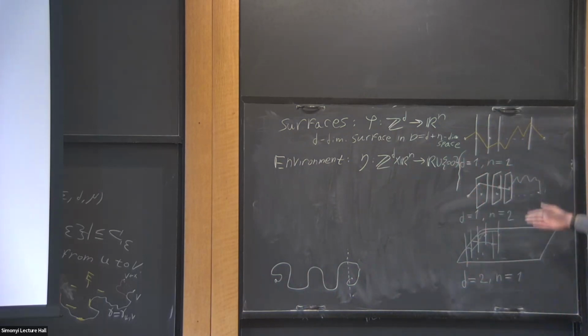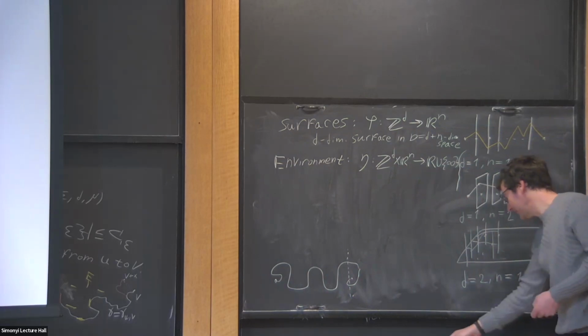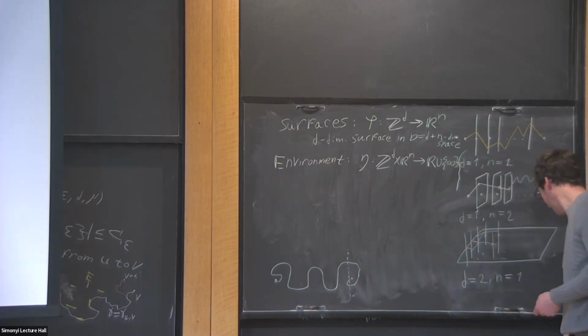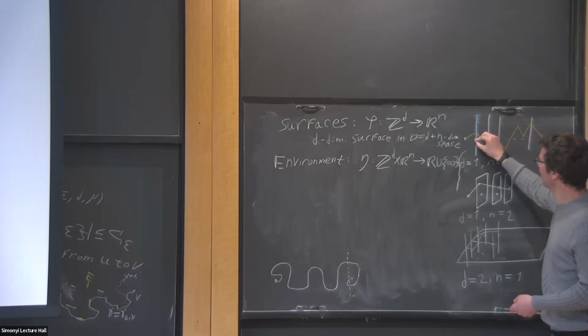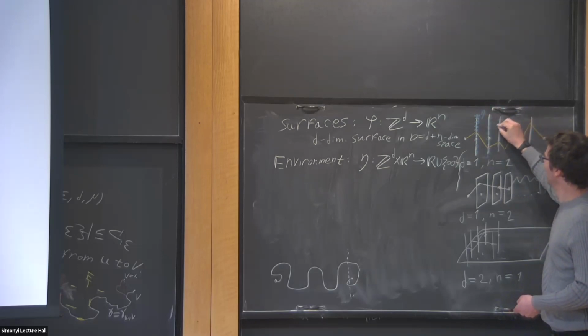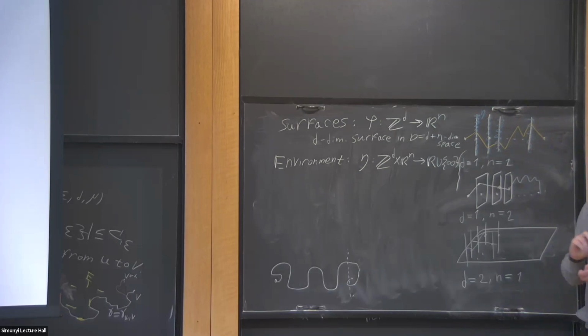Where is this function in the picture? The function in the picture sits on these copies of R or R squared. So for instance, here I have the function eta. So this blue function is the function eta.